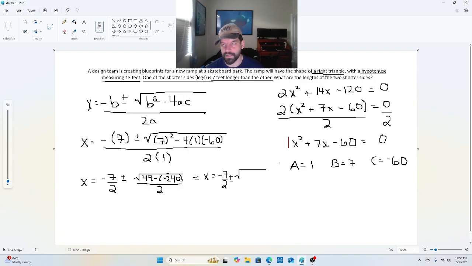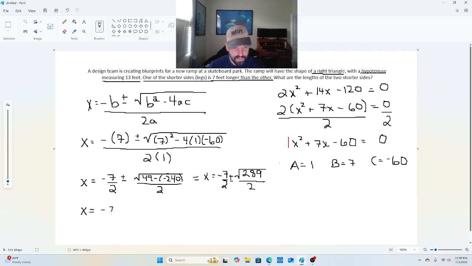When you subtract a negative, it's like adding a positive, or adding the opposite. So 49 plus 240 is positive 289, and that's going to be over 2 as well. Then we're going to simplify this further because 289 is actually a perfect square, so this is going to come out very nicely.